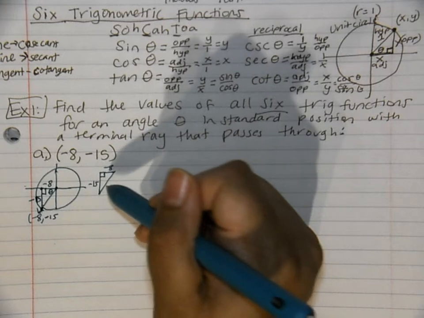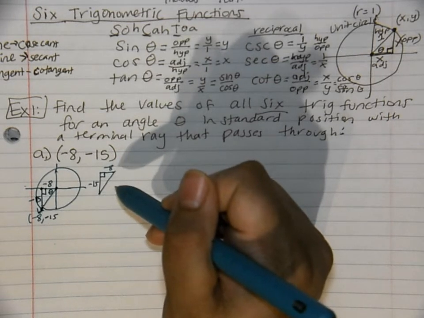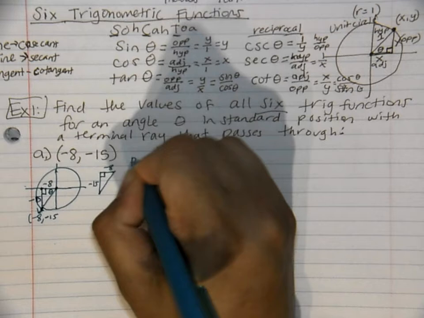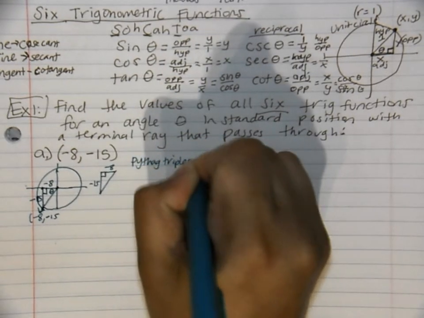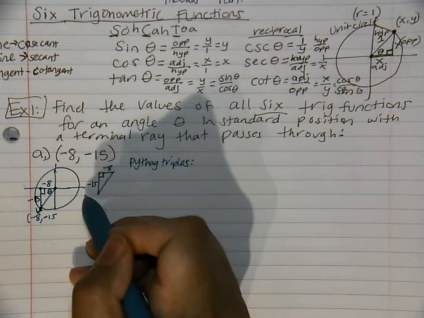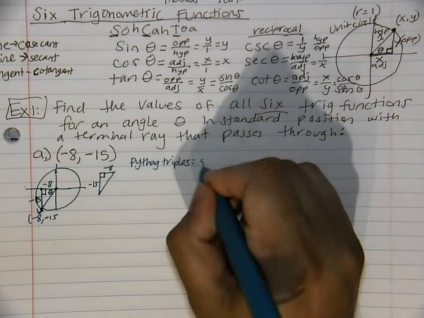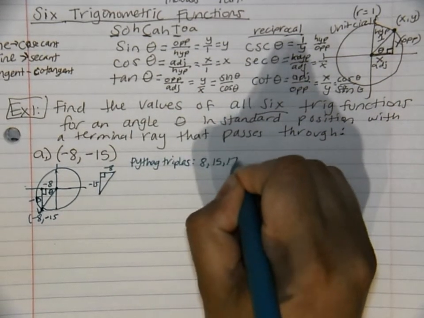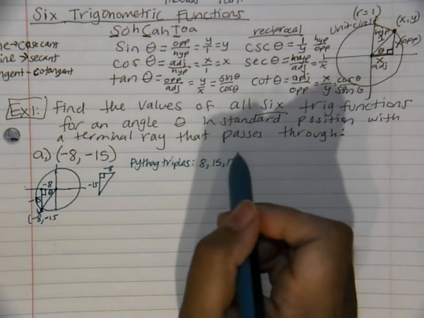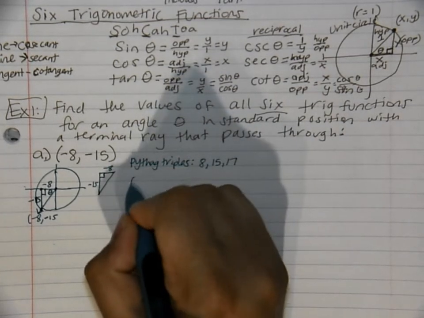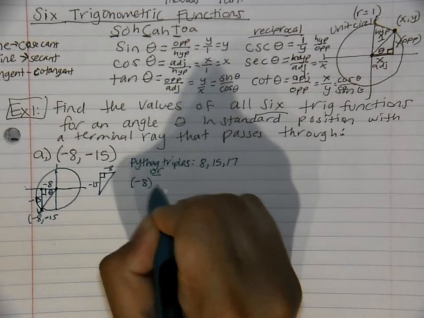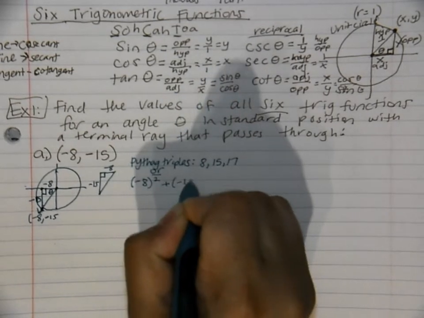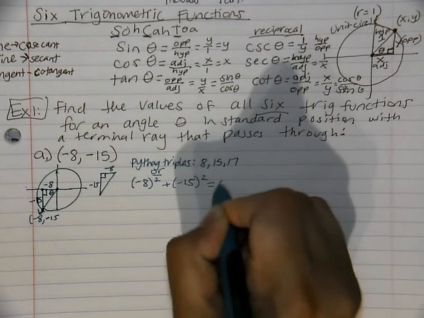I can either use the Pythagorean theorem, or if I remember my Pythagorean triples, something you learned in geometry. One of the Pythagorean triples, if you look at 8 and 15, those two numbers are hopefully a little bit familiar. The third one was 17. That's if you memorize it. If you don't, here's what you have to do instead. Use the Pythagorean theorem, which is a squared plus b squared equals c squared.